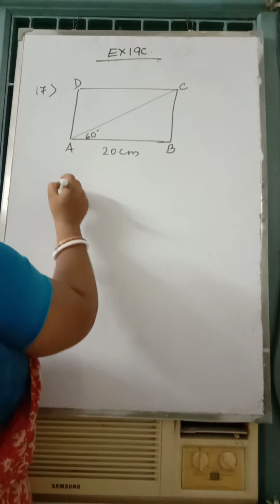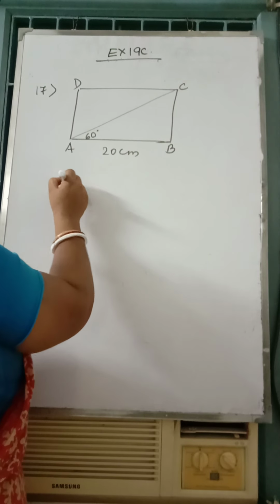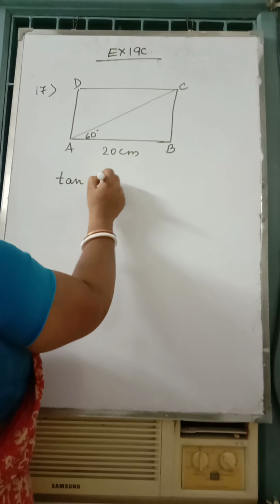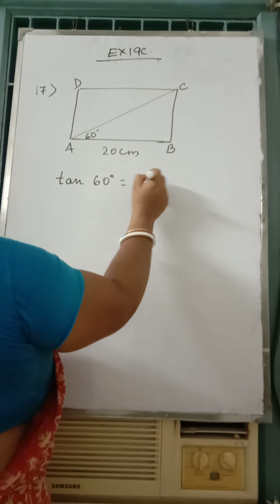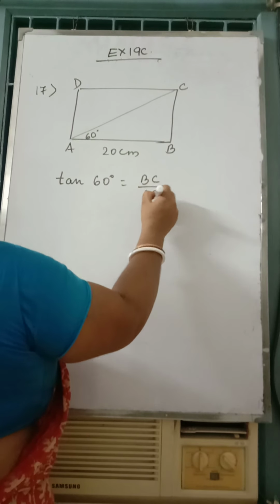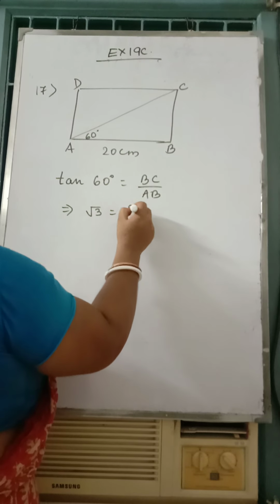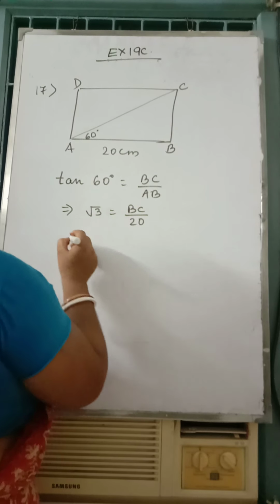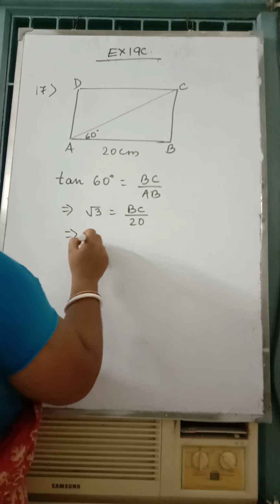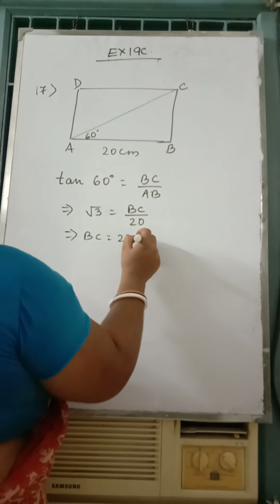So first of all, we'll find tan 60 degree is equal to BC by AB. Tan 60 root 3 is equal to BC by AB is 20, or BC is equal to 20 root 3 centimeter.